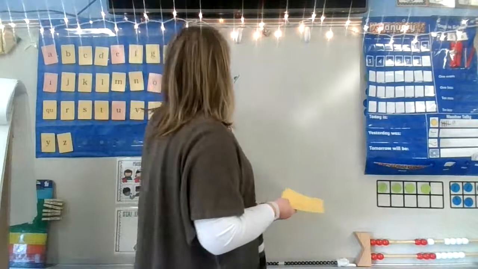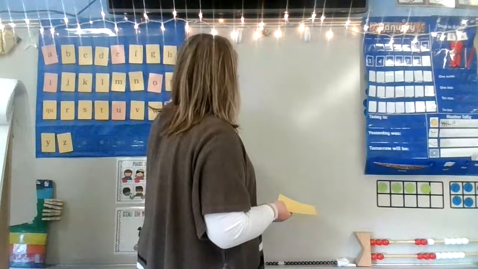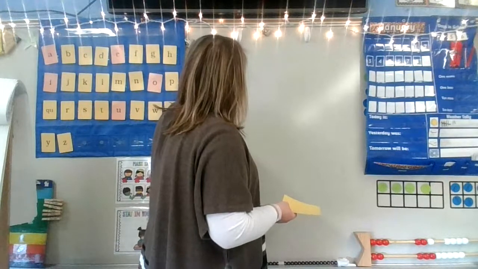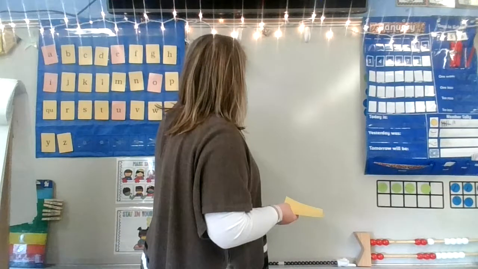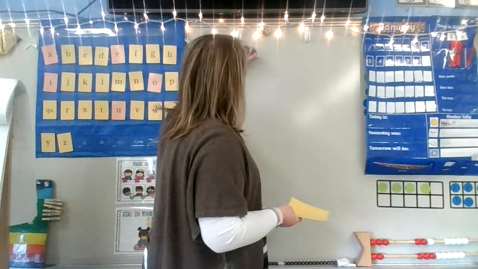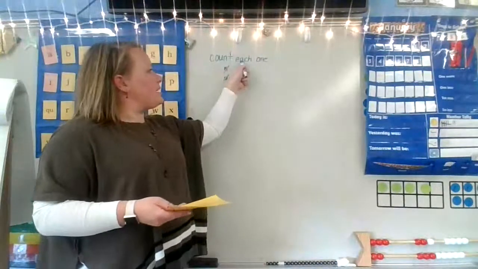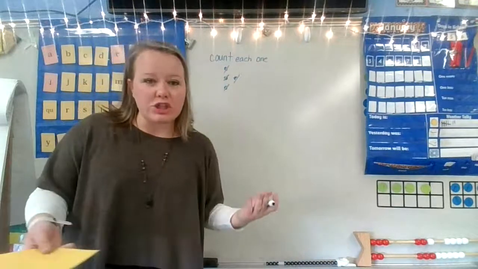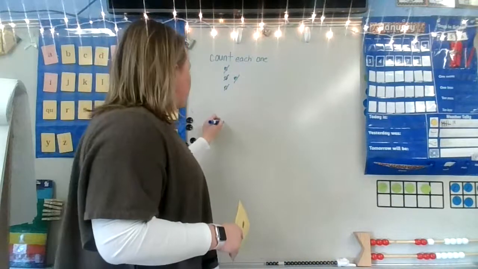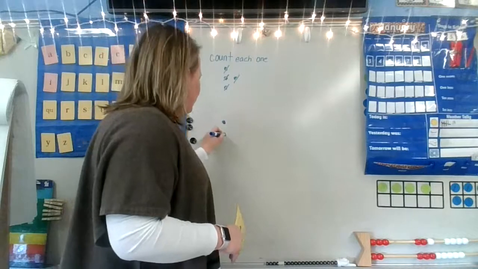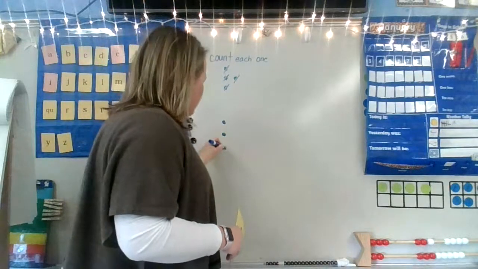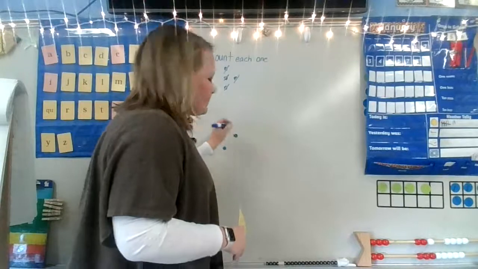I'm going to write the words count each one. That was your strategy. Okay, so then raise your hand if that was your strategy. That's what you did. You counted each one.